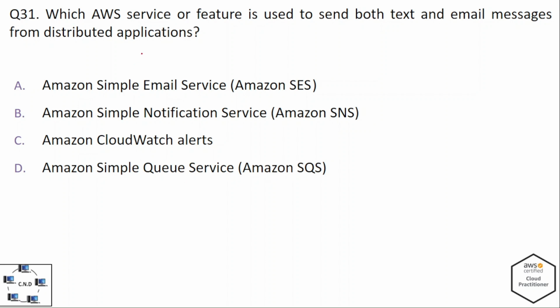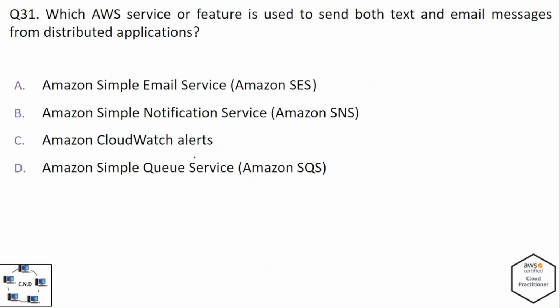Question number 31: Which AWS service or feature is used to send both text and email messages from distributed applications? The options are A. Amazon Simple Email Service, that is Amazon SES. B. Amazon Simple Notification Service, Amazon SNS. C. Amazon CloudWatch Alerts.